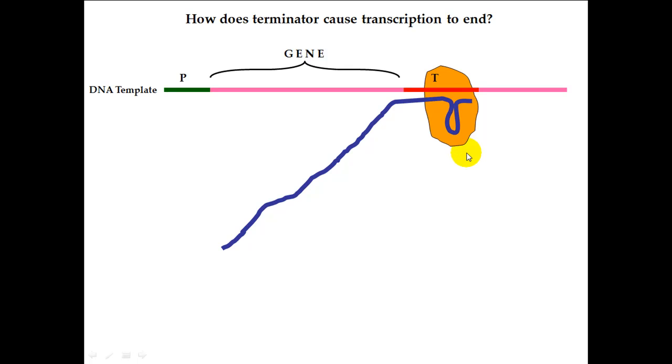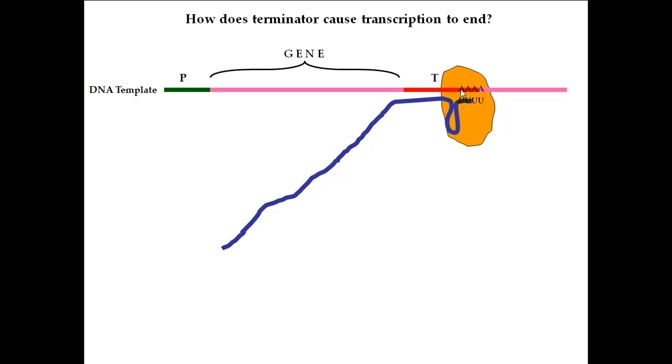Whenever you have this structure form, it kind of prevents the RNA polymerase from going any further. So it kind of snags the RNA polymerase so that it cannot go past that point. And it turns out that this portion of the terminator is a string of A's, and you know that A's encode for a string of U's. Among all of the hydrogen bonds that can form between complementary nucleotides, this is kind of the weakest association.